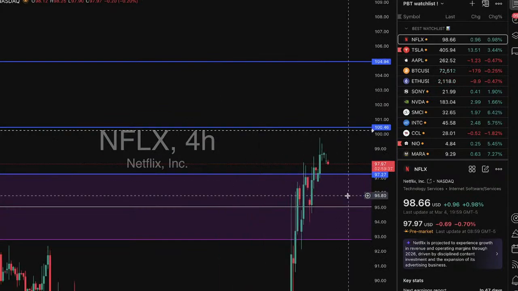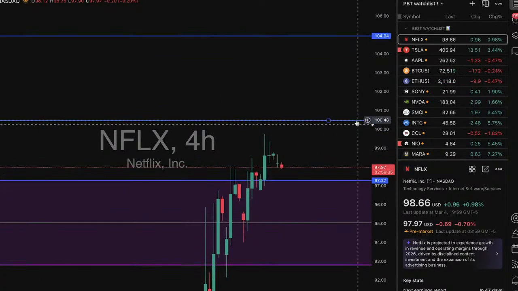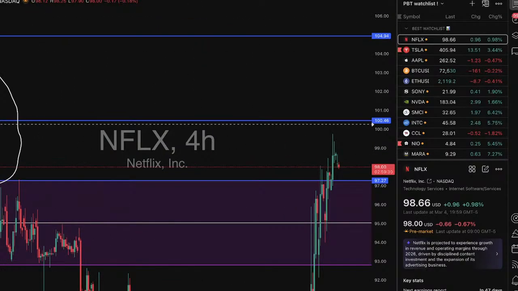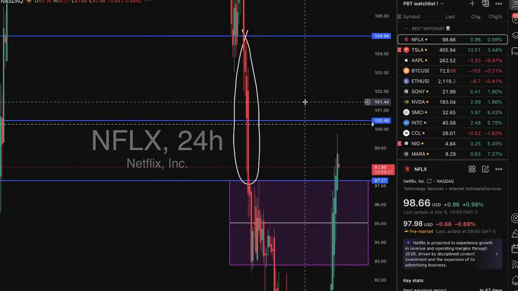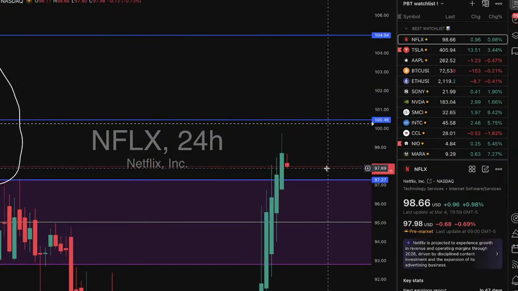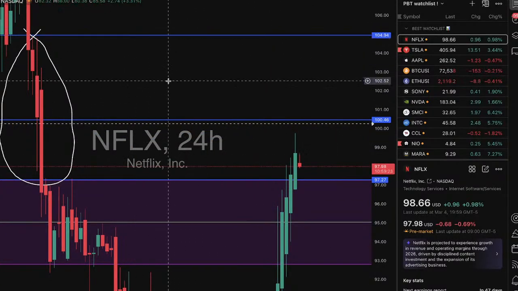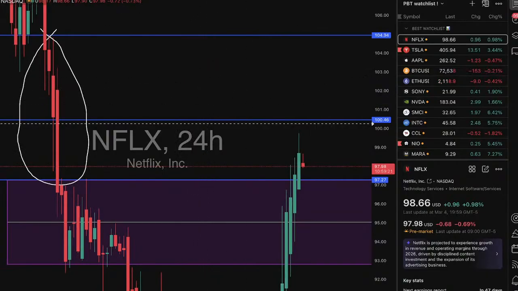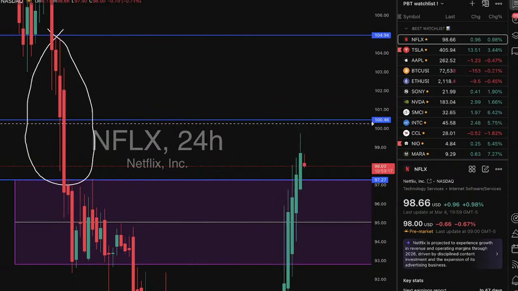The only thing I can see is if we go back under that 97.27 range, we could see some downside. So that's the only thing there, which looks like it does want to retest. But if we do want to finish that full move, I like up to that 146 and then that 104.94 range. So that's what I would like if we can get it.